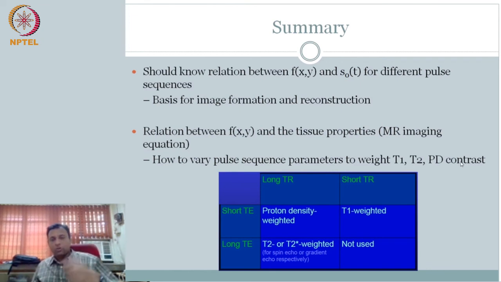Right? The same thing you have to be able to explain. So you should understand the combination and how you realize that combination using the pulse sequence diagram, and how you understand from the pulse sequence diagram the Fourier space, how you have traveled, and therefore your S0 of t. Okay, we'll stop here.